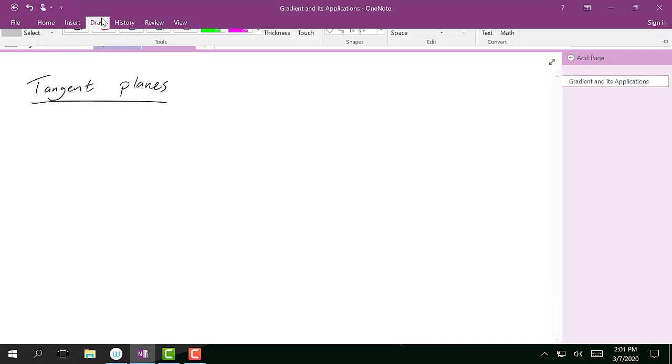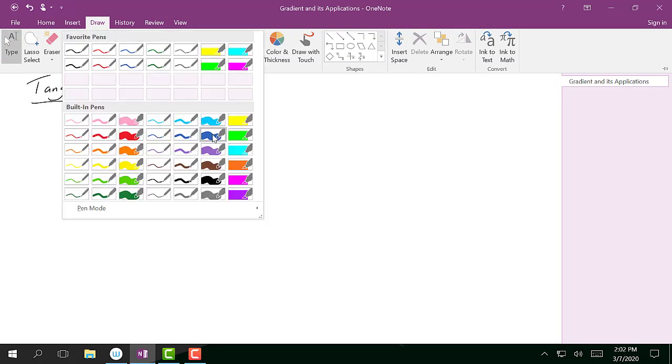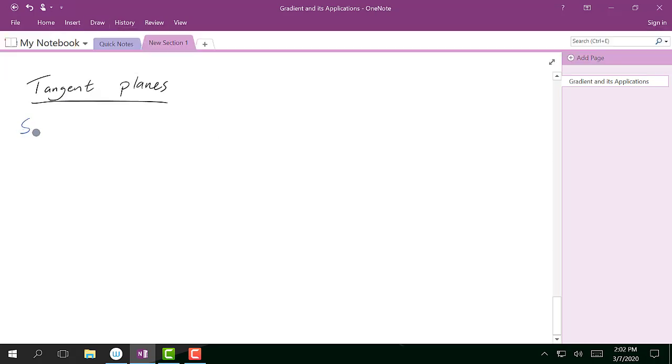So we're going to start with a function pretty much like always. Suppose we have some function of 2 variables, so z equals f of x, y. That's all we have so far, just a function of 2 variables.